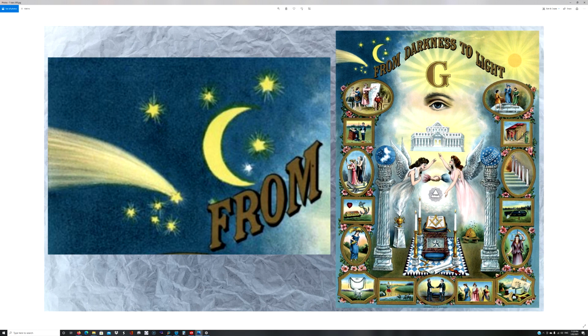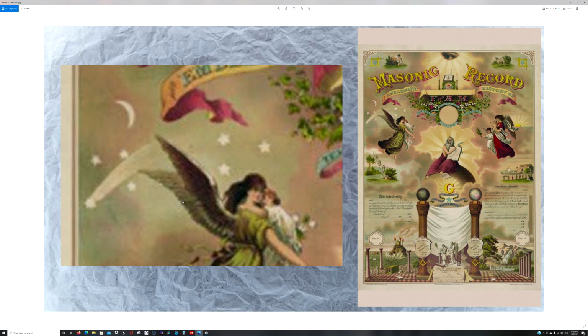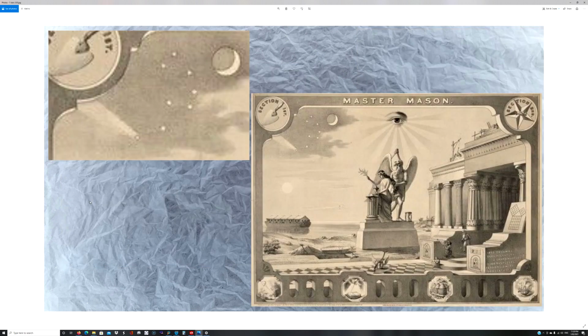What we call it actually is 8 or 10 stars, but again notice the arrangement of the stars around the moon, but this time we have this meteorite coming in, again connected to the moon. 6 stars clear, but we have the 7th one with a meteor.